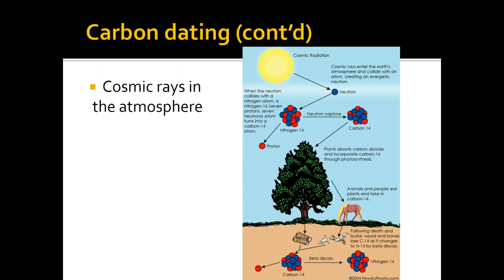It composes 71% of the mass, and that's the majority, right? And what happens is when the cosmic rays enter the atmosphere, this is a kind of irradiation, a kind of energetic waves coming from the sun that's exciting the nitrogen molecules and turning them into carbon 14.